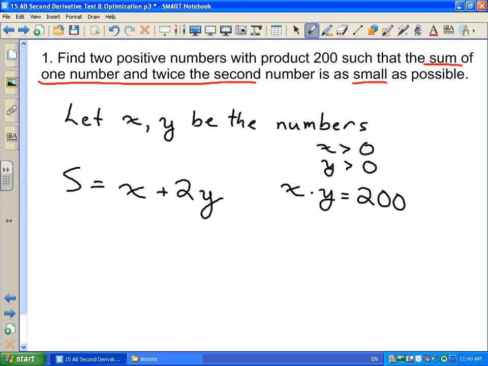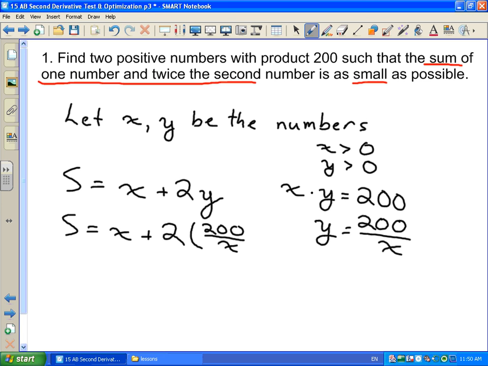We can use this relationship over here, x times y equals 200, to say that y is equal to 200 divided by x. And then we can sub that into this expression that we want to optimize. So our sum is now x plus 2 times 200 divided by x. Okay. And this is what we're going to optimize here.